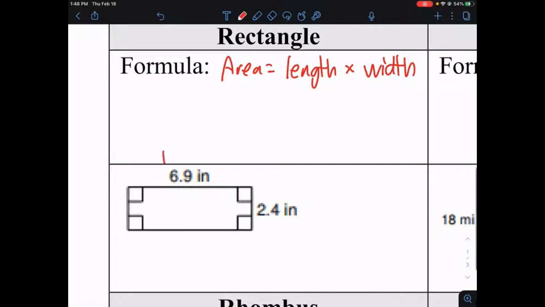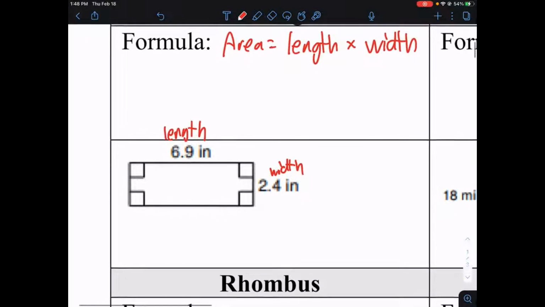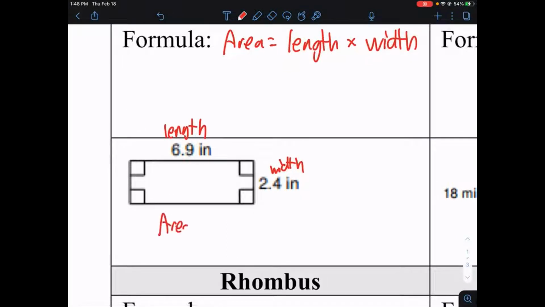Usually I call the length the horizontal one and the width the vertical one. But technically you could switch these, right? Because multiplication is commutative, you can switch the order. In this case, the area of length times width would just be 6.9 inches times 2.4 inches.